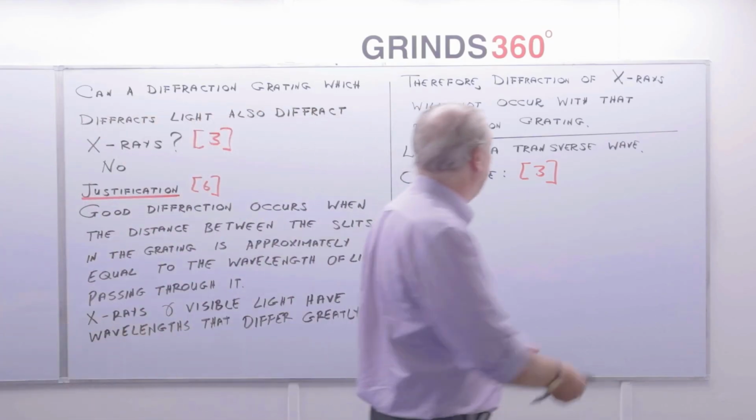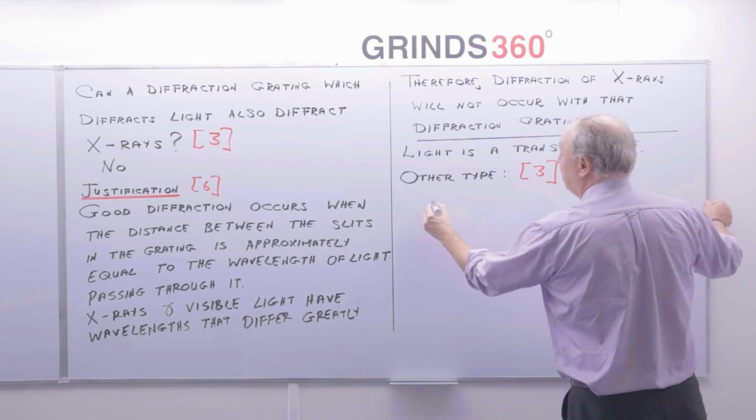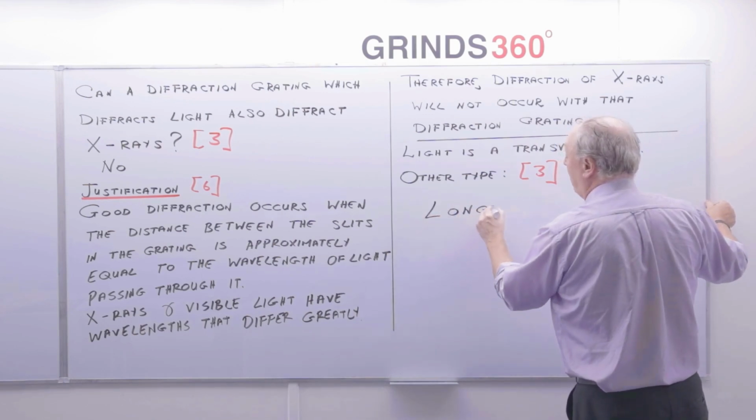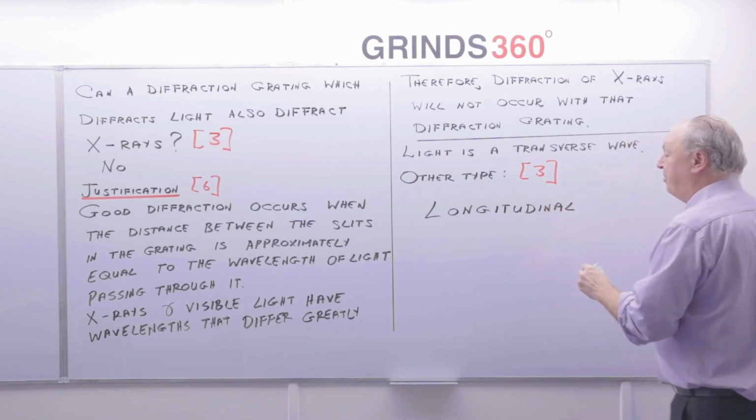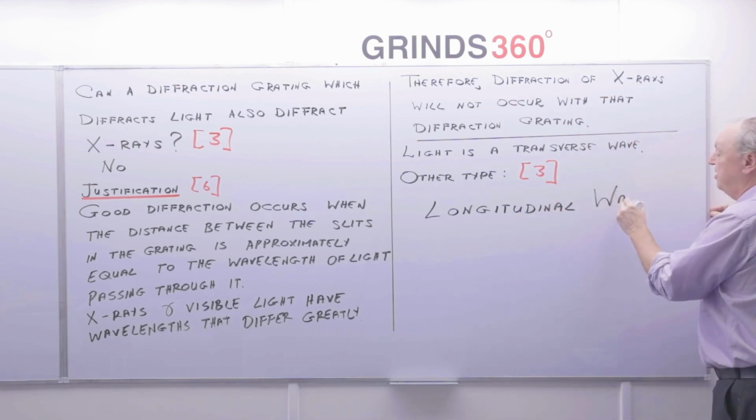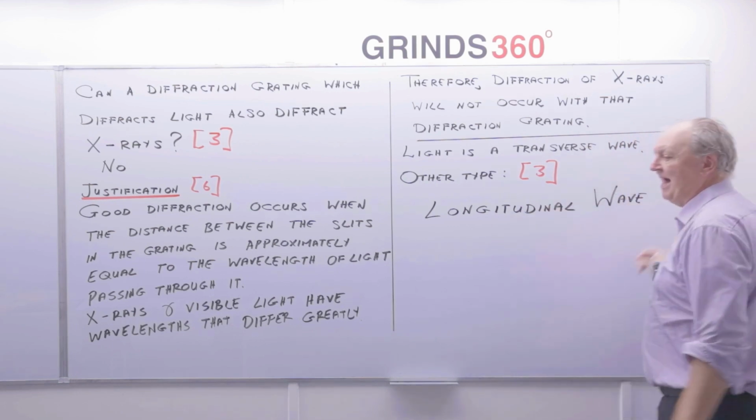Again, you're talking about definitions. This question is just full of definitions. The definitions, when you present them, will give you the answer. So, we have transverse waves, of course, and the other type of wave is a longitudinal wave. Sound is an example of a longitudinal wave. So 3 marks for saying that.